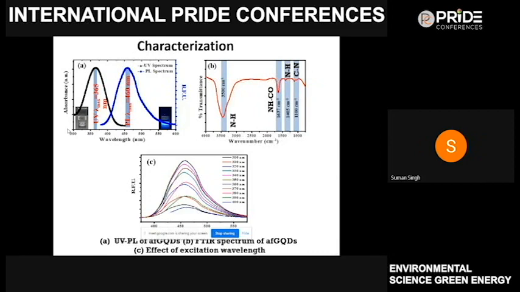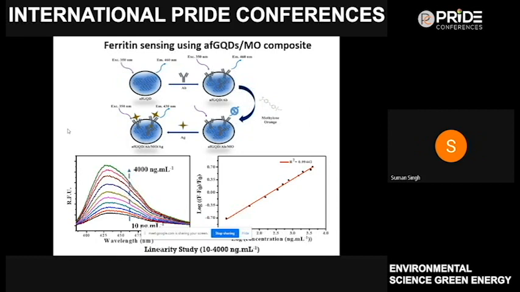FTIR also showed the presence of functionalities, and the data was recorded as a function of excitation, and we could see that the signal is not deviating from its position. This shows that our quantum dots are quite stable. In this case, we could attain linearity from 10 nanogram to 4000 nanogram, with an R square of 0.99.